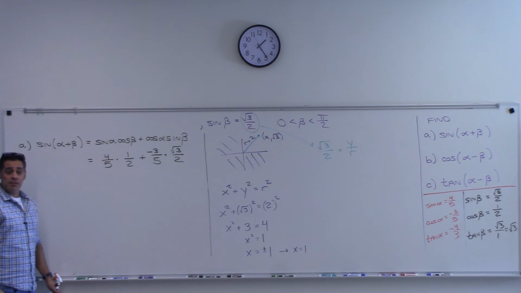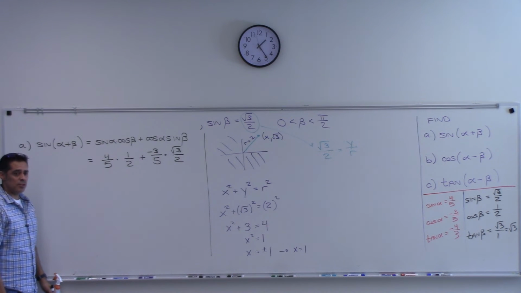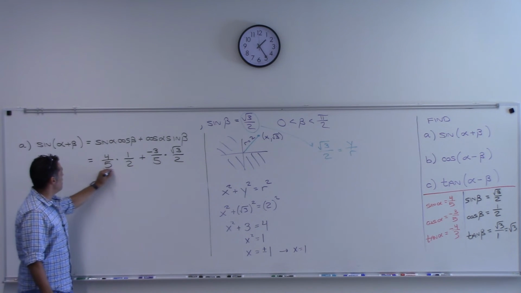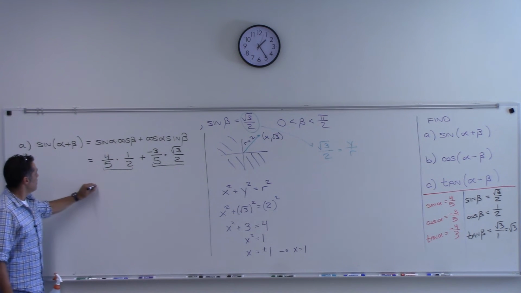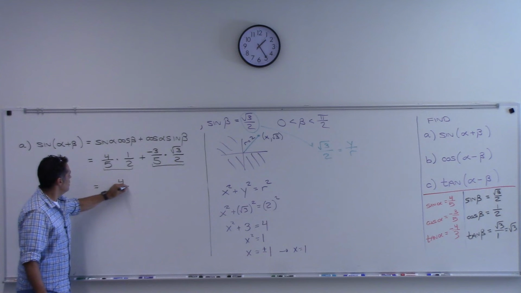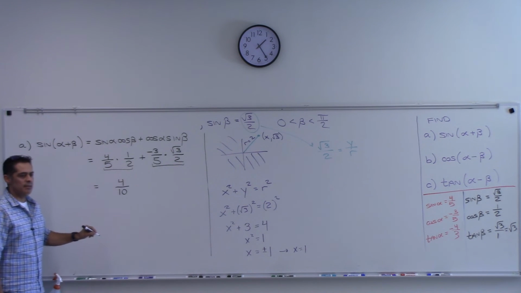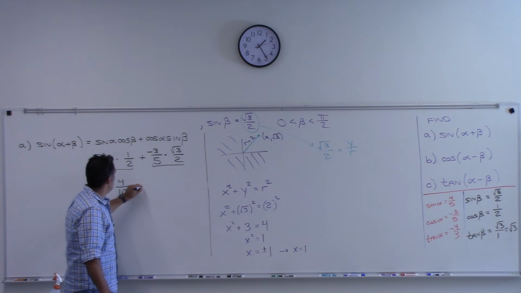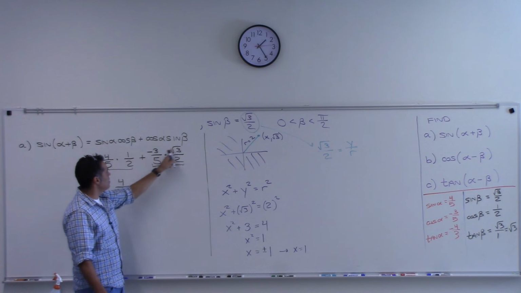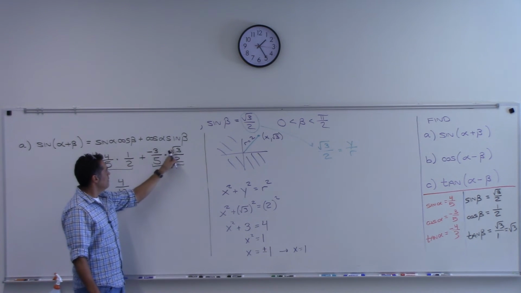Order of operations, multiplication before addition and subtraction. So I'm going to multiply those two together. I'm going to multiply those two together. 4/10. Don't reduce that. I know it's 2/5. Don't reduce it, though. What do we get here? These two numbers together, that's a negative number, right? Negative 3 times root 3? Negative.